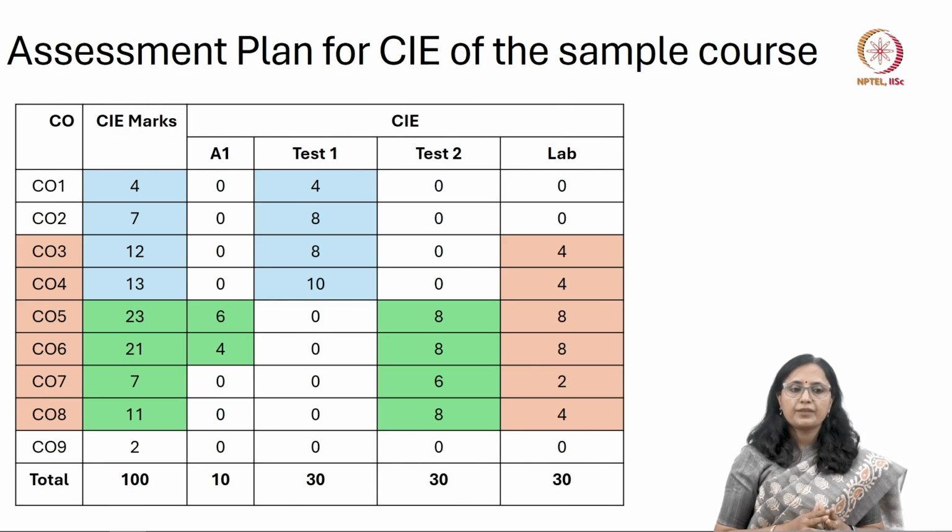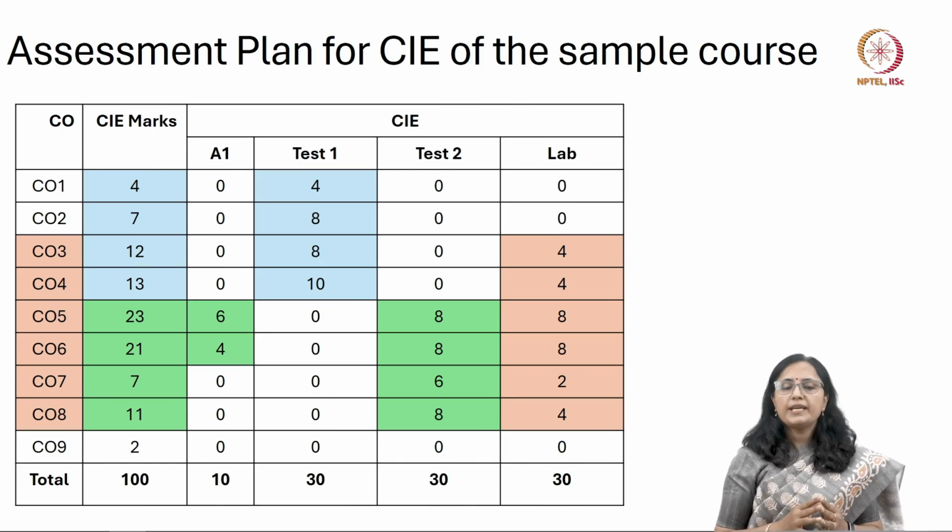So we are very clear about the first column, which is the course outcome, and the second column, which is CIE marks. Now assume that we have decided that we will conduct two short tests. We will also give one assignment to the student, which can be a take-home assignment, and there is also a lab component. All of these will comprise the CIE marks of either 30% or 40% of the total 100%. So, there are 4 components of CIE.